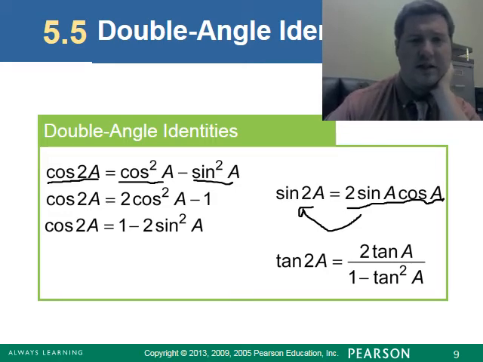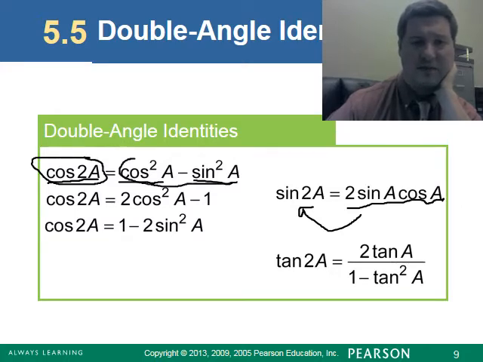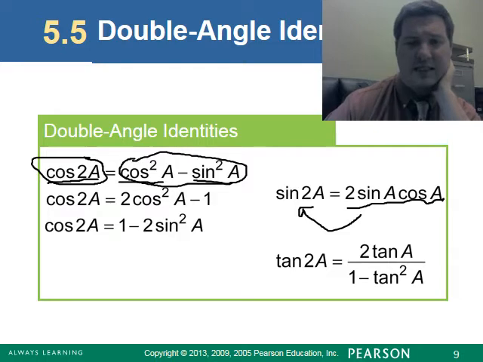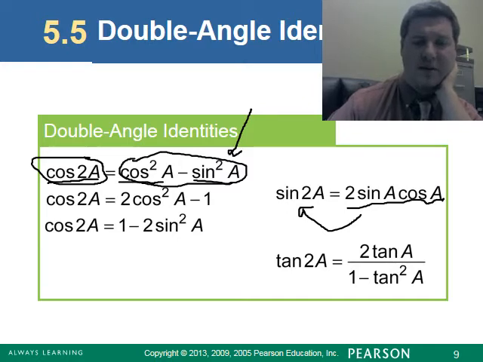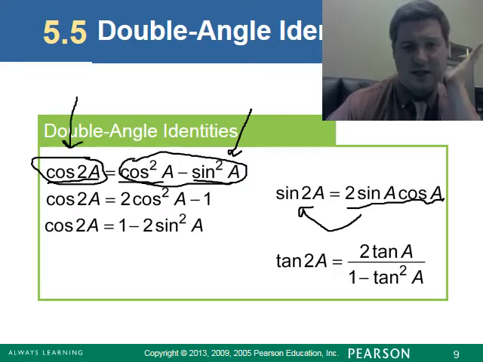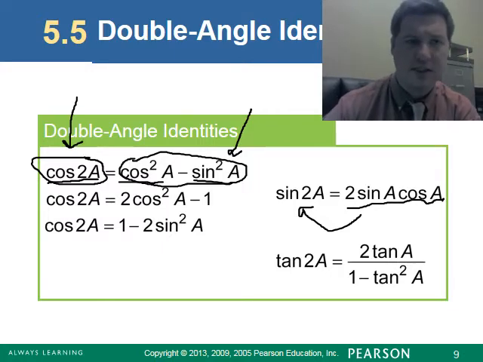You'll be given one thing and asked to find the other. It can get slightly more interesting. Maybe they'll give you cosine, and they ask you to find the cosine of twice that angle. Okay. So let's do a couple of these.